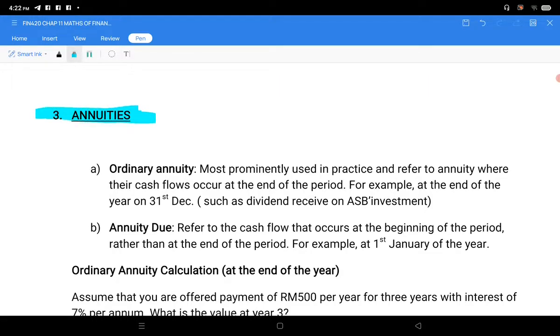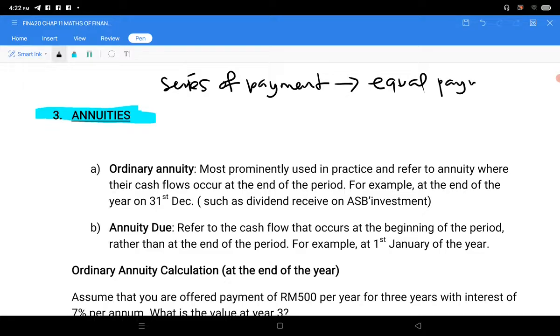For annuity, it must be a series of payments. Mesti berlaku series of payment. And the payment is actually equal.